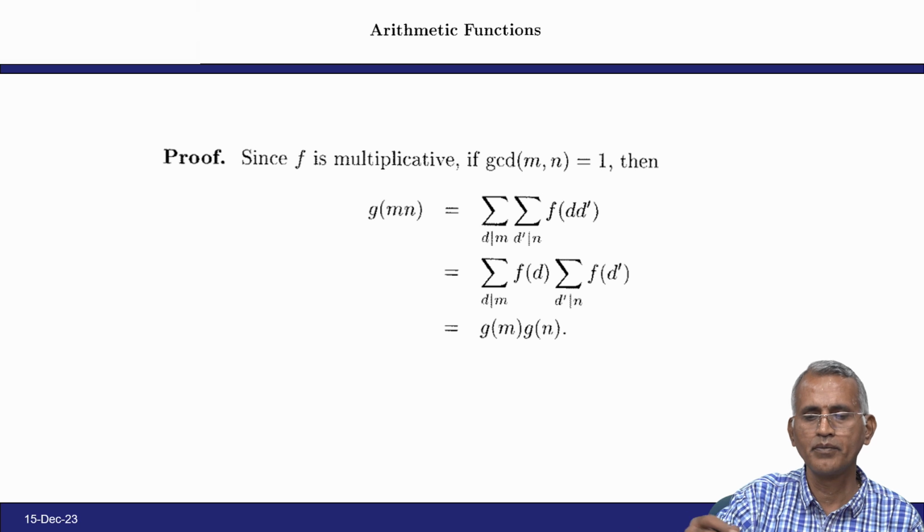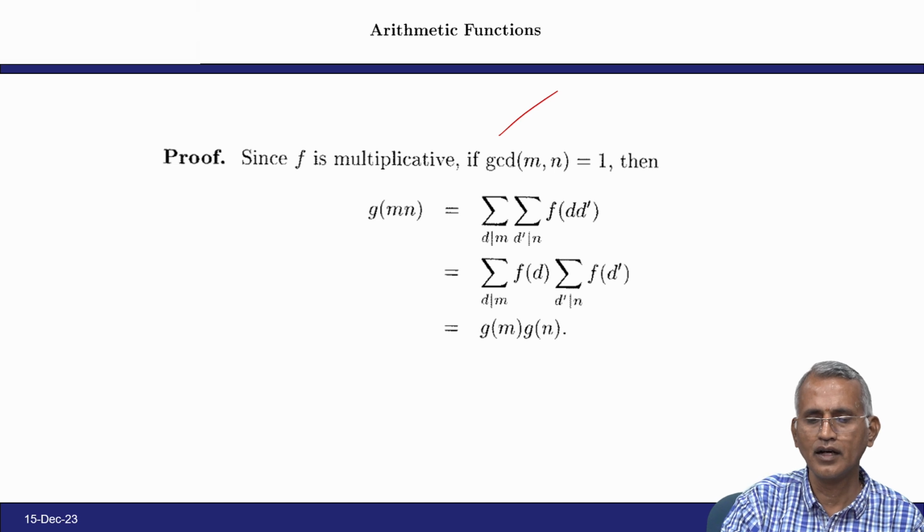So, if f is multiplicative, and the greatest common divisor of two numbers m, n equals 1, then g of mn can be written as the product of f of d d dash. Therefore, the summation over d divides m and summation over d dash divides n of f of d d dash, which is equal to the summation over d divides m of f of d into the summation over d dash divides n of f of d dash, which is equal to g of m into g of n.